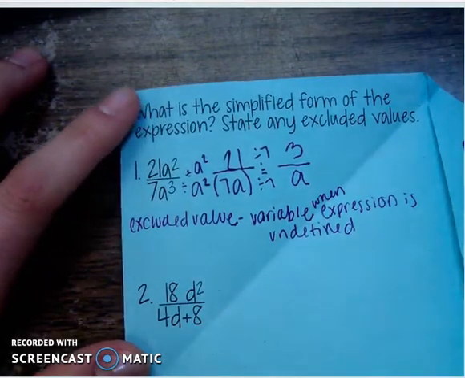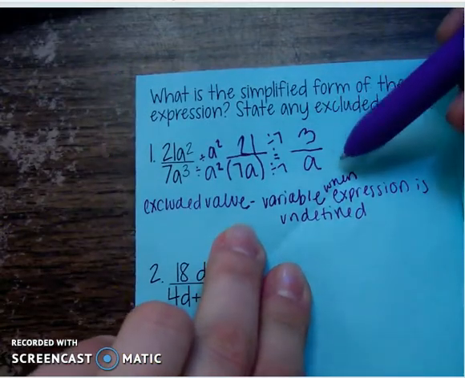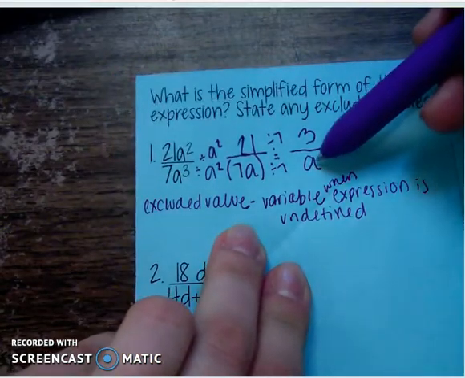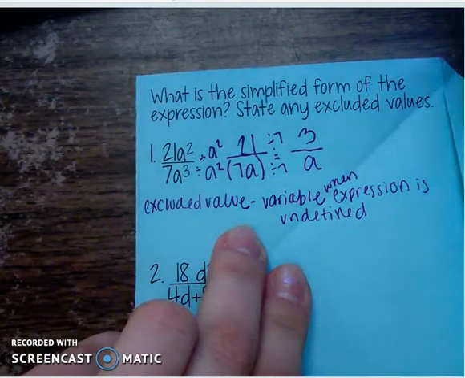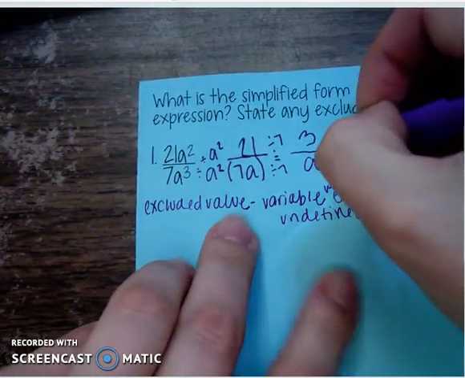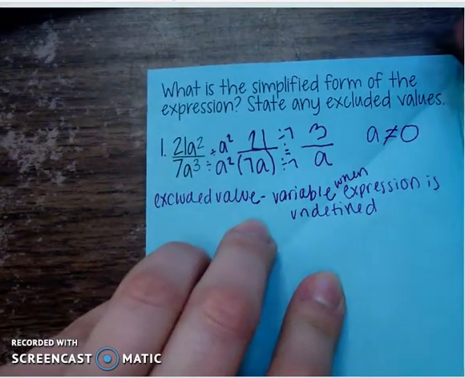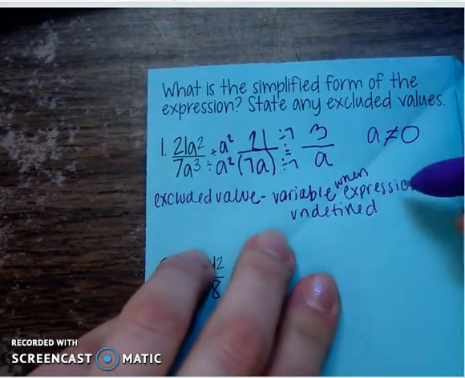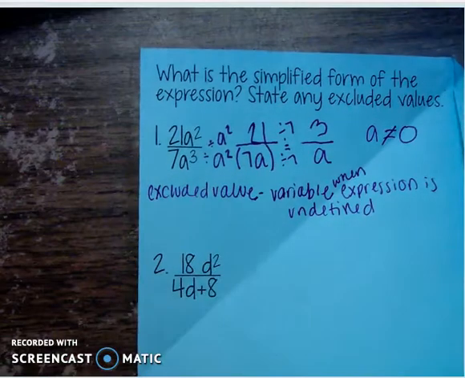Okay, so in this case, in order to make this value undefined, my variable would have to be 0. So a cannot equal 0 because that's what would make my expression undefined. So that's the definition of your excluded value.